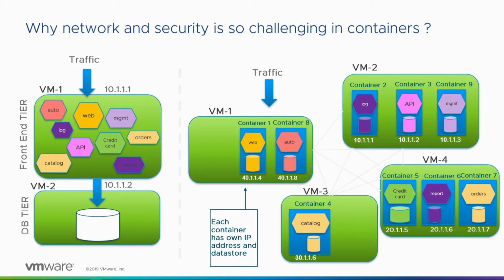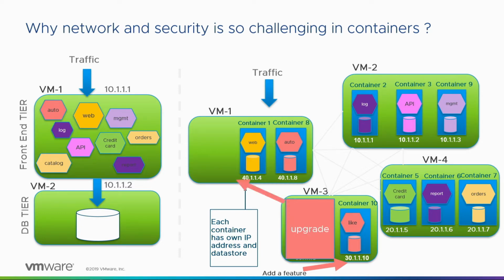So for example, we have the 40 subnet on VM1, we have the 10 subnet on VM2, and so on. So if DevOps deploy a new feature, adding a new microservice, the scheduler will deploy the container on one of the VMs, and it gets this IP address. If we reschedule this container or the pod, it will change the IP address depending on where it will run.